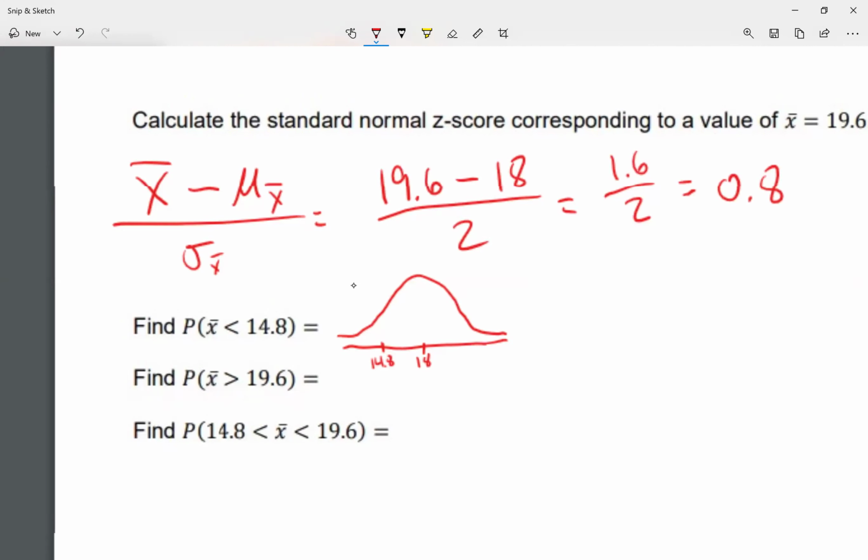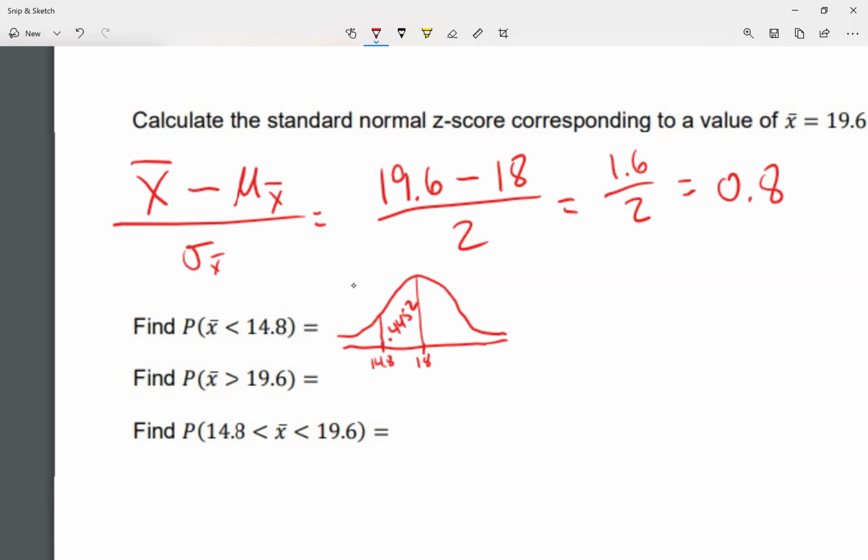Remember, we got the z-score of 14.8. Now, our mean is right here in the center. My 14.8 is obviously to the left of it. So that's why it gave me a negative z-score. And right now, we just found out using our table that the distance between 14.8 and 18 is 0.4452.